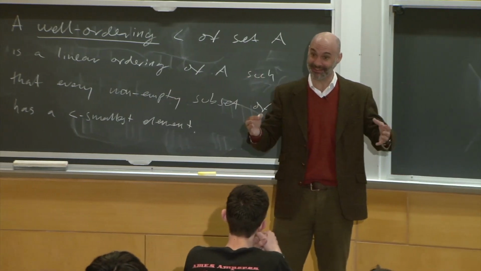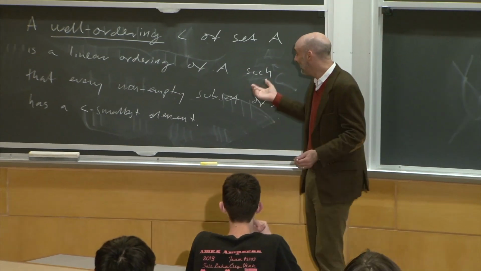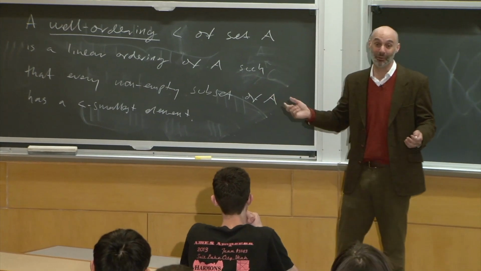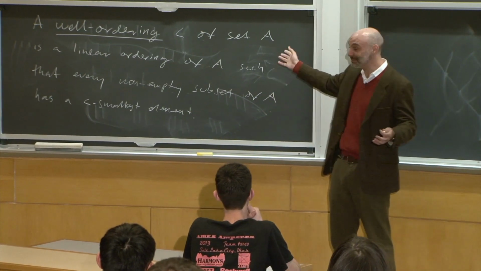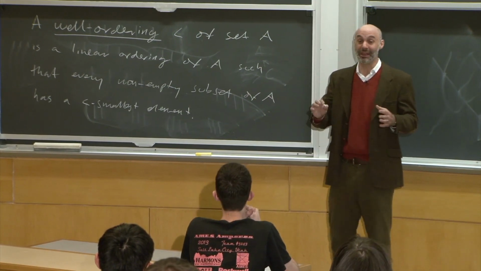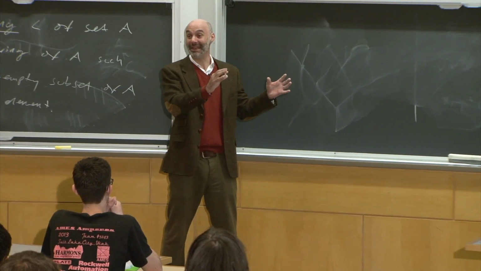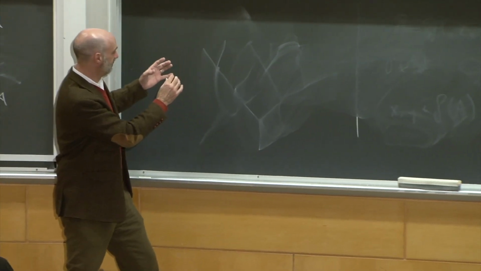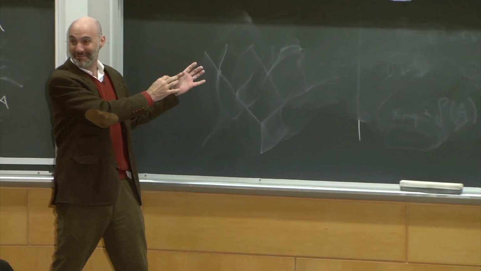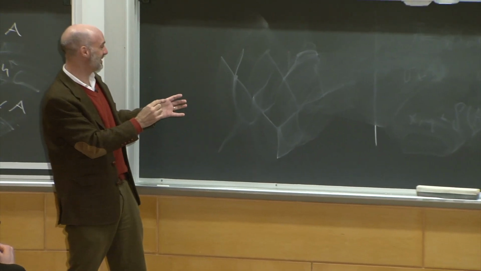Trivially, whatever you want is true, because there's no non-empty subset of the empty set. OK, so here is the shape of the empty well ordering. There. That's the simplest of all.